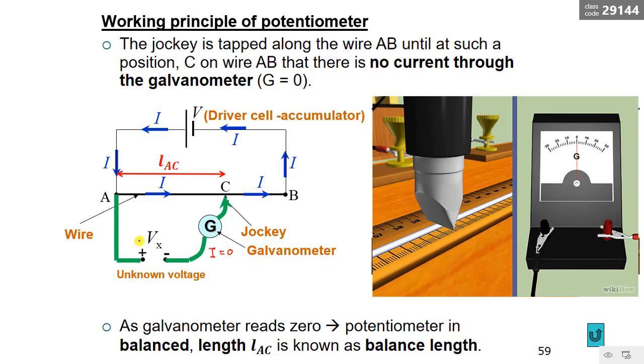So kalau tak ada current yang flow ke bawah, dia akan beritahu kita point A ni dengan point dekat sini, potential at these 2 points is equal. Dia sama, potential dia mesti sama. Kalau potential dia tak sama, kalau ada potential difference, mesti ada current flow, kan?